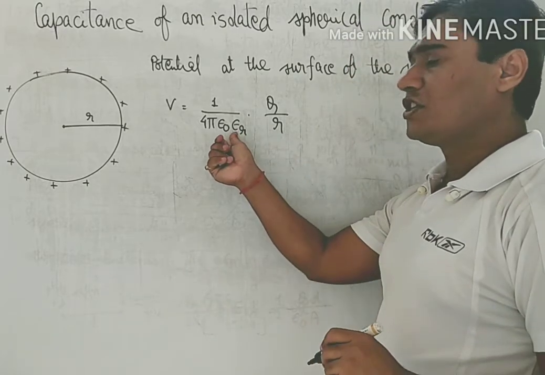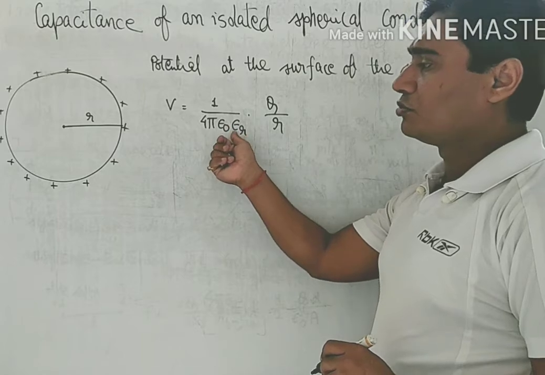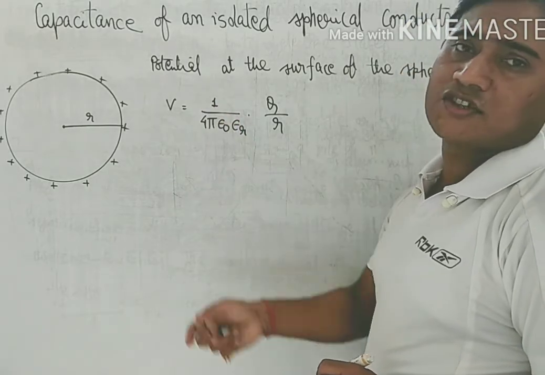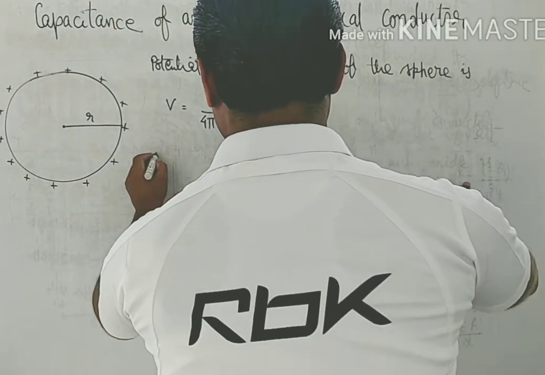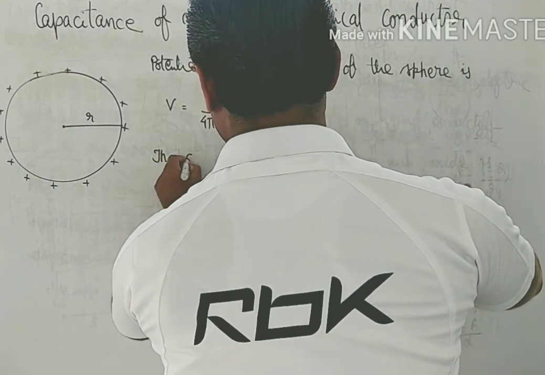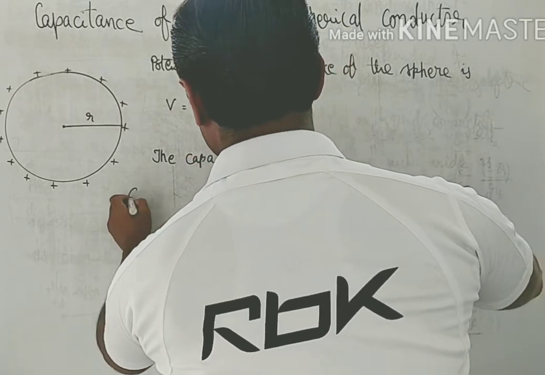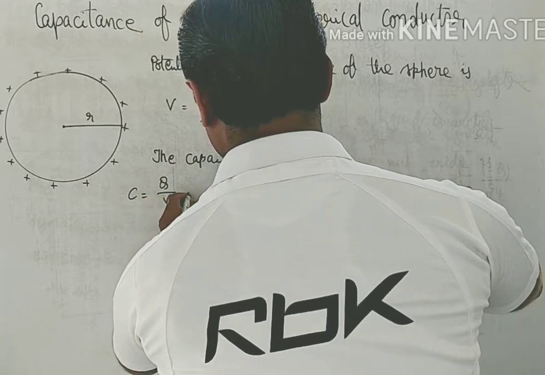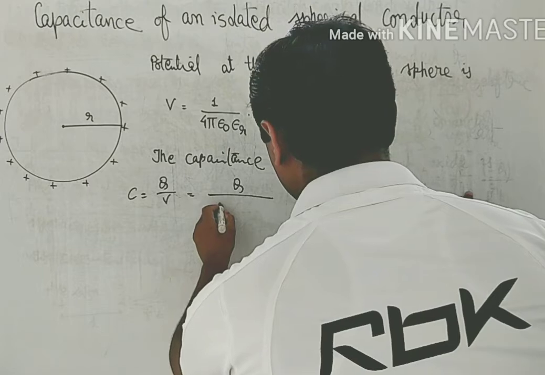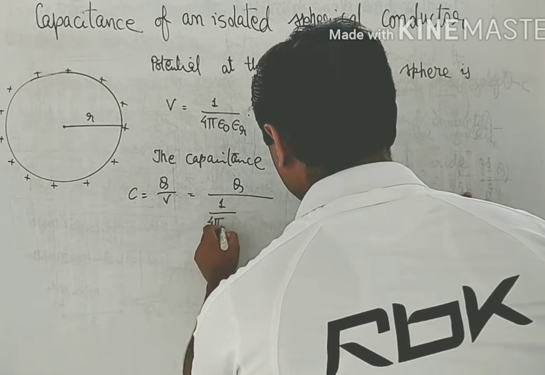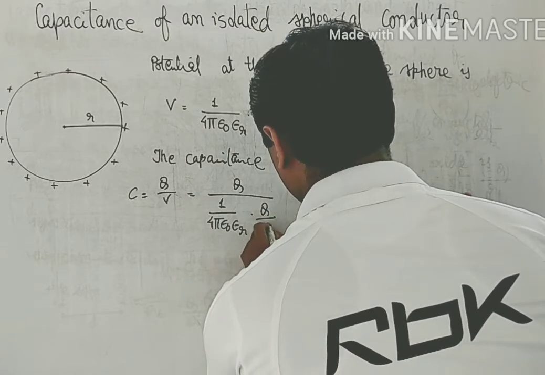Actually here the medium is taken, so epsilon r is the relative permittivity of the medium in which that isolated conductor is placed. Now the capacitance C equals Q by V, so Q upon 1 upon 4 pi epsilon naught epsilon r into Q by r.